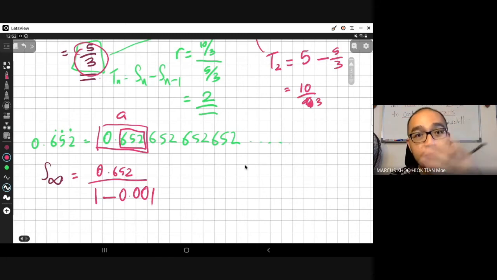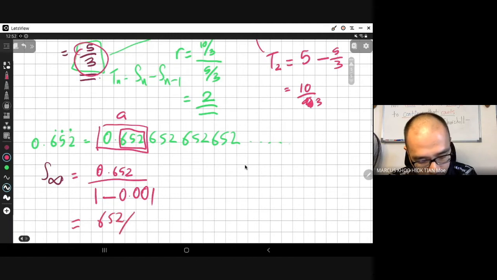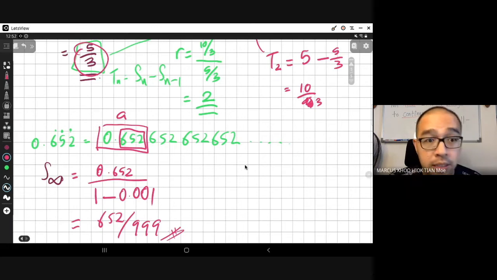So it depends on how many numbers are repeating. With 3 numbers, 0.001, this will give you a fraction of 652 over 999. I think this is the simplest fraction. Yeah, it's the simplest fraction.